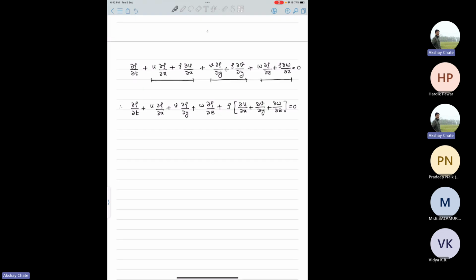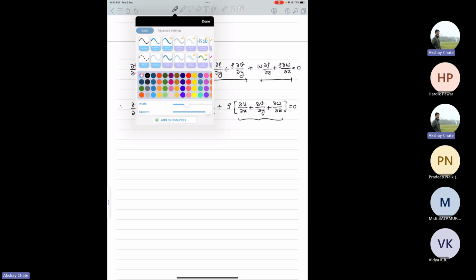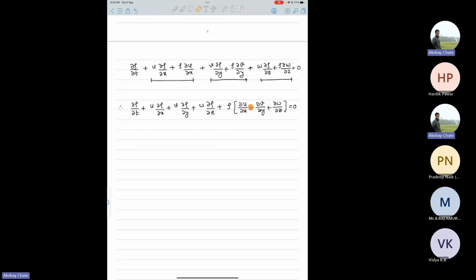And now if you see this quantity here, this is nothing but the divergence, or maybe I'll write capital V, divergence of the velocity.